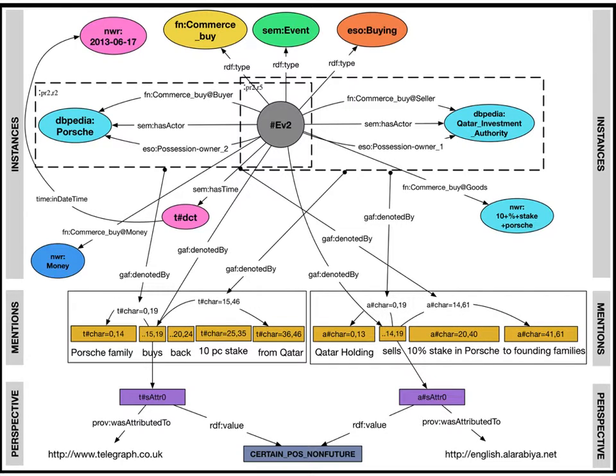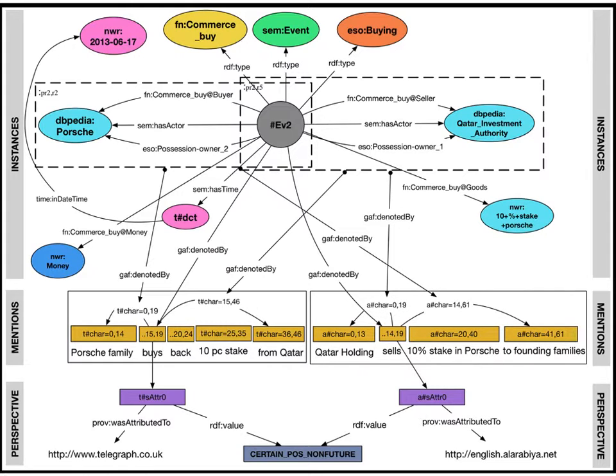The final output of the conversion of the mentions to instances and perspectives for the two examples is shown here in this complex graph. The instances are represented according to SEM in the top part. The mentions are represented in the middle as string offsets in NAF, and the perspective is given at the bottom according to the GRASP model. The instances are linked to mentions using the Grounded Annotation Framework, or GAF, as represented by GAF denoted by links.